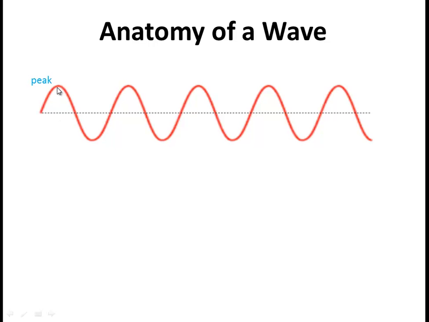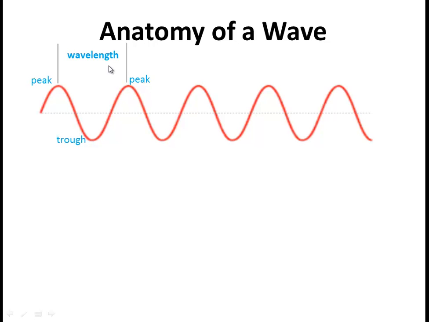The tops of the waves we just call peaks, wave peaks. In some books, they'll call it the crest, and then the bottom of the wave is called a trough by most sources and textbooks. So you've got the peak and the trough, and then here's the next peak.